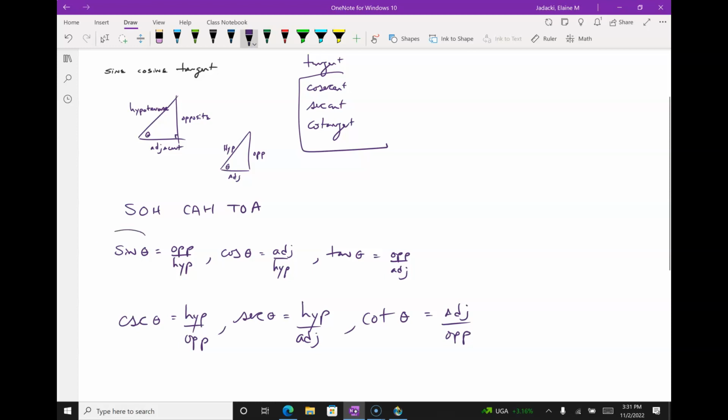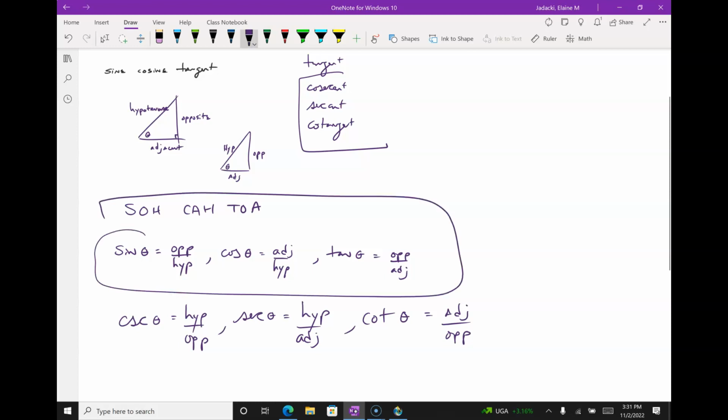So we just remember these three with SOHCAHTOA, and then the other three are the upside down, the reciprocals. Tangent and cotangent sound so much alike, so I know they're reciprocals of each other. COS and SOC is kind of what I see here: cosine and secant are reciprocals. And the last one I could never remember, but I knew it was the last one: sine and cosecant are reciprocals.